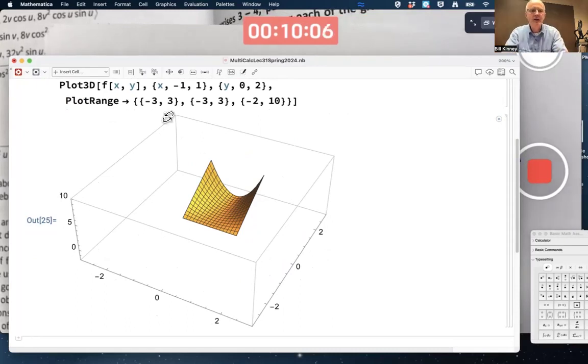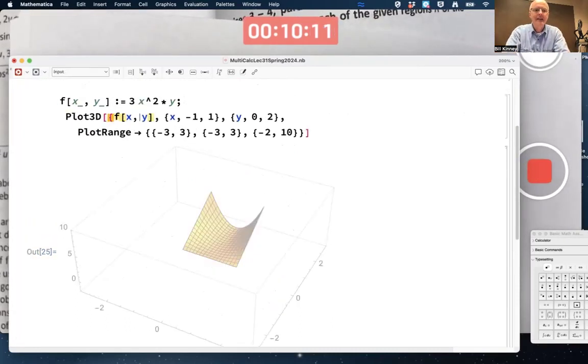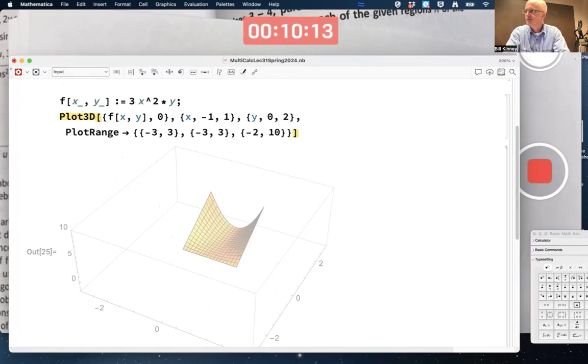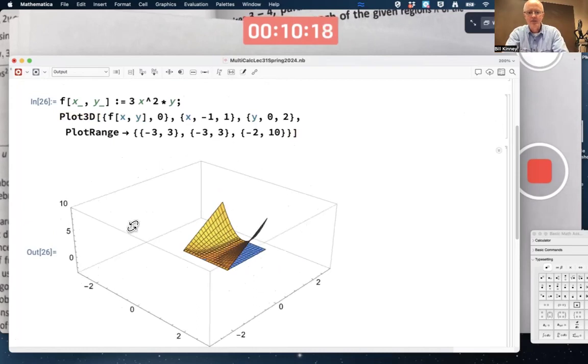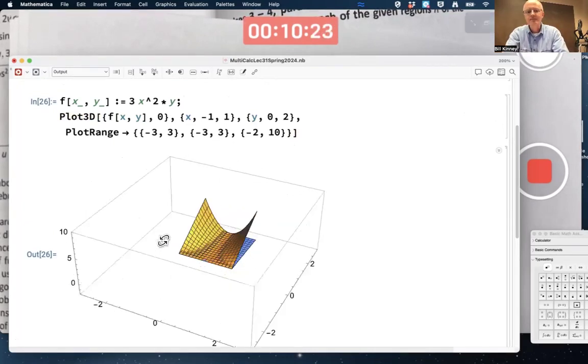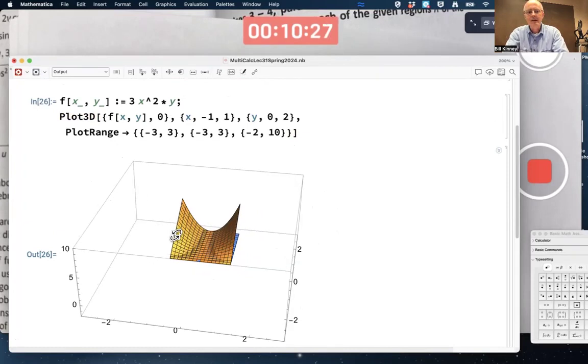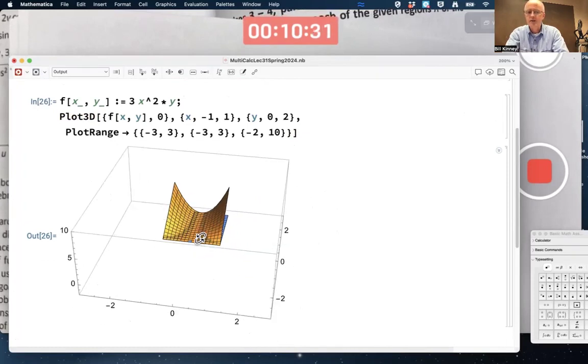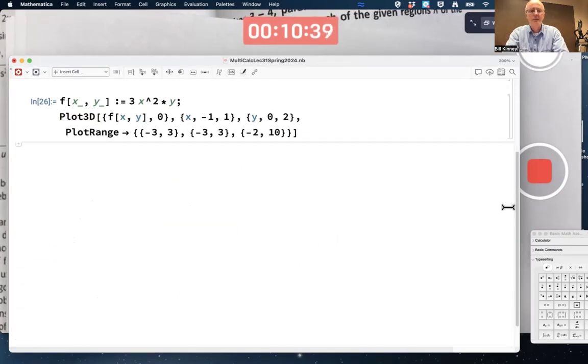We could also plot the zero function, a horizontal plane at Z equals 0, over the same domain and see the underside of this graph, so to speak. When Y is positive, it doesn't go below that, but it gets very close to that plane as well. But here's a new way to plot this.